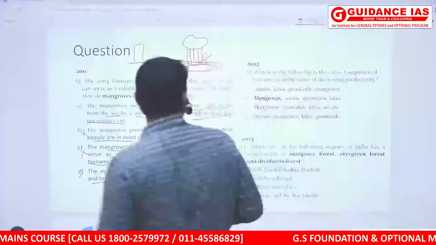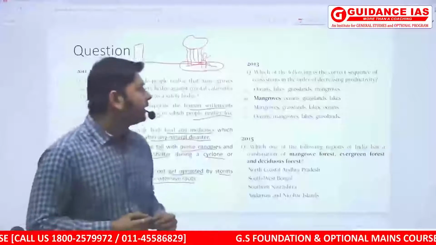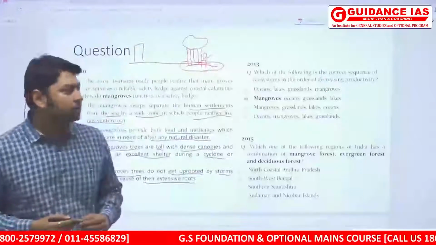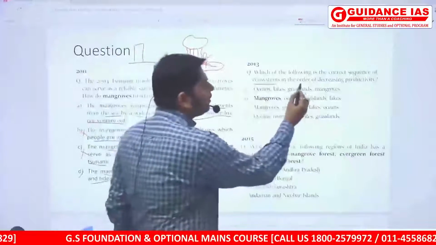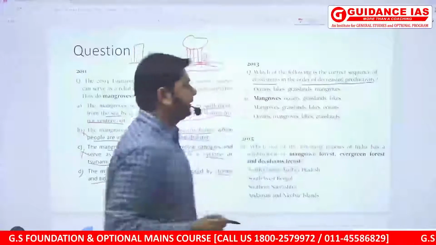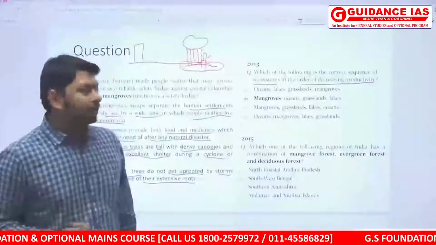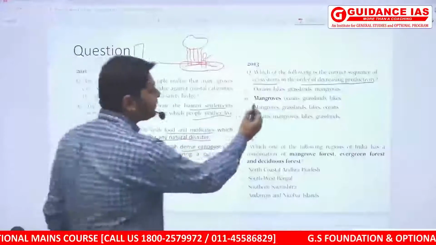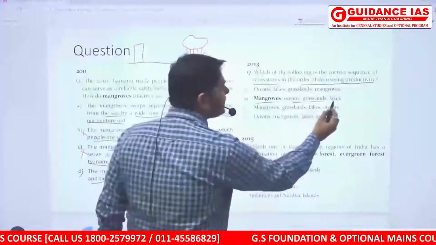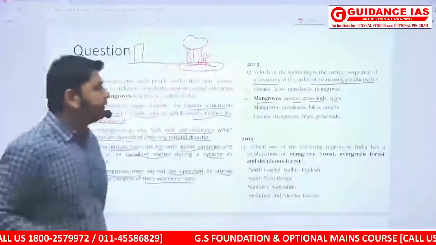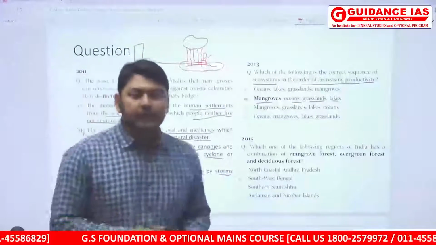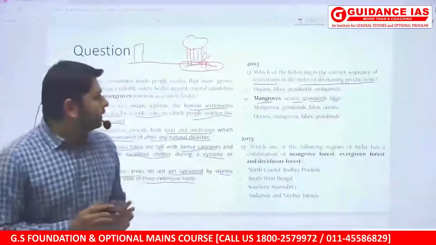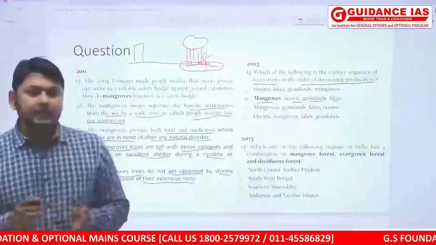Now we will see the 2013 question: which of the following is the correct sequence of ecosystems in order of decreasing productivity? We have a comparison of mangroves, oceans, grasslands and lakes. Basically we can see which is having more productivity and which is having less.